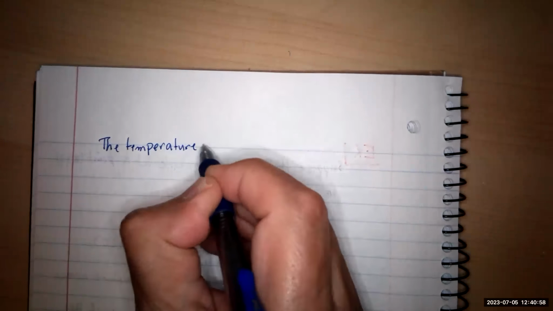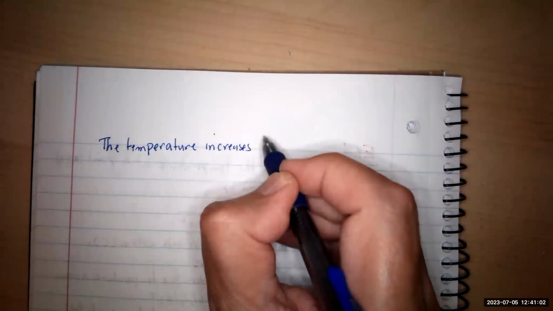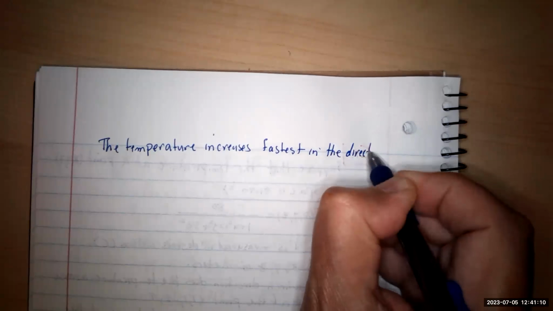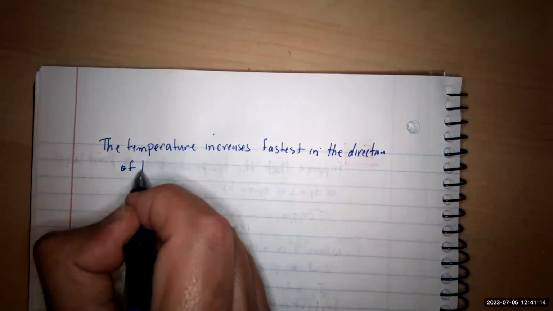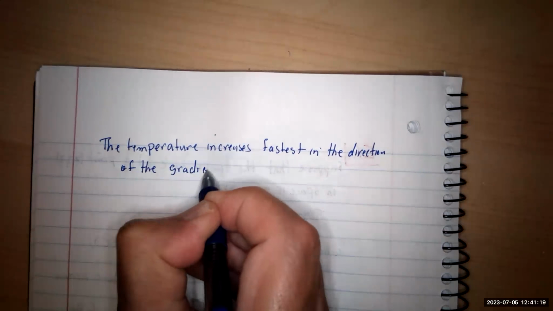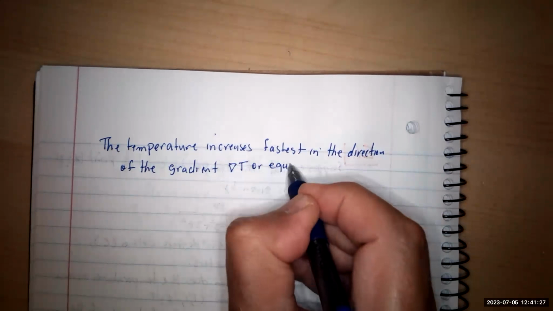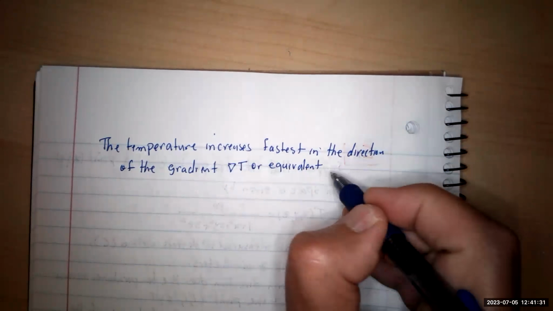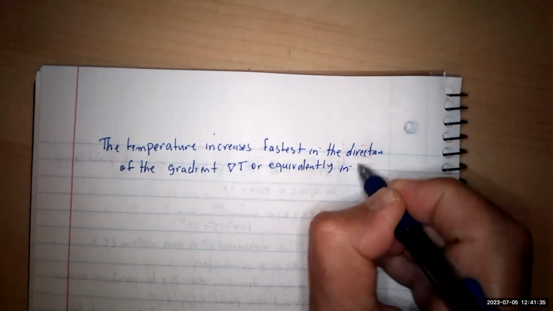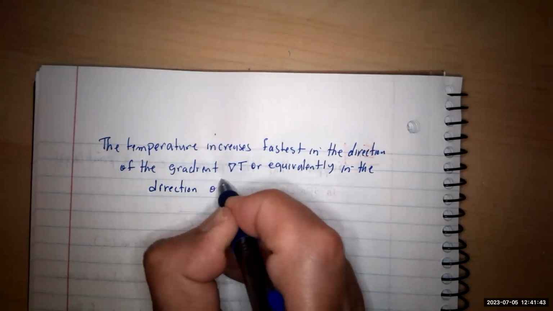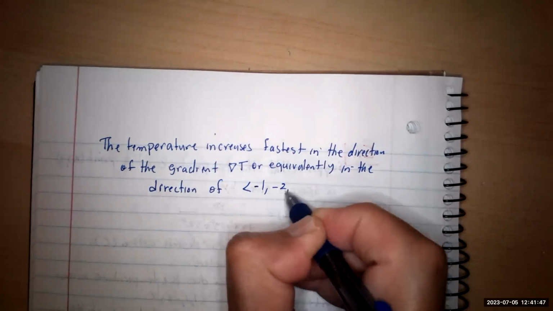So you can say that the temperature increases fastest, if you like, in the direction of the gradient vector of T, or equivalently, in the direction of the vector -1, -2, 6.